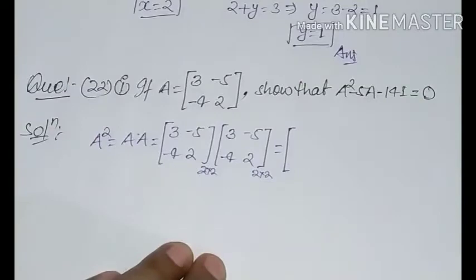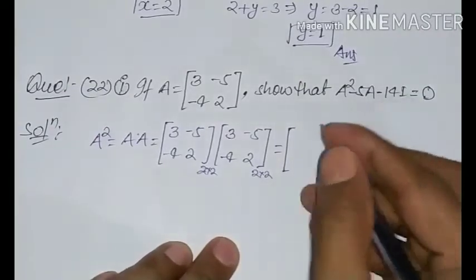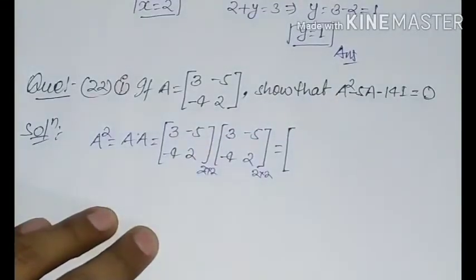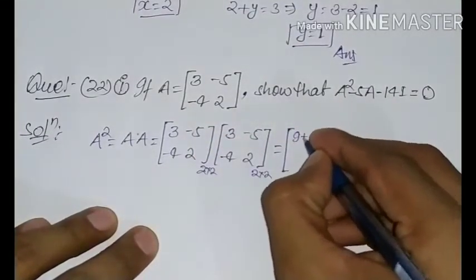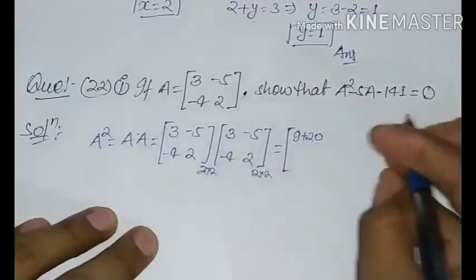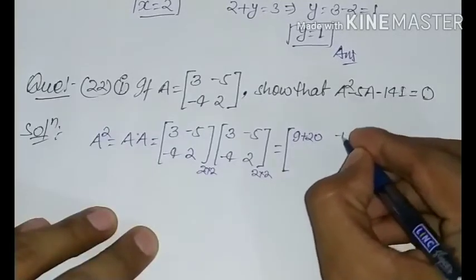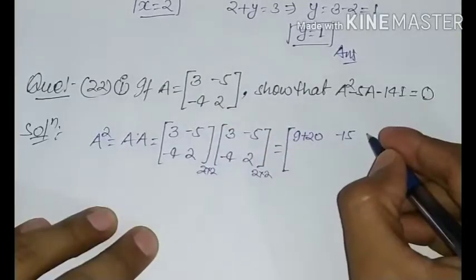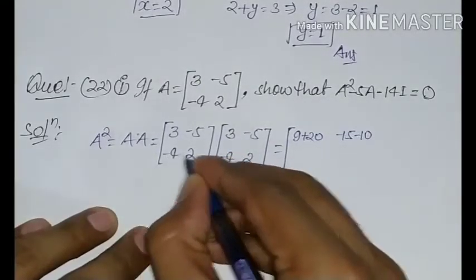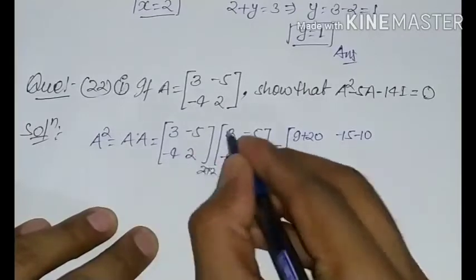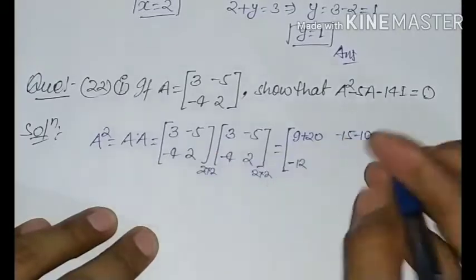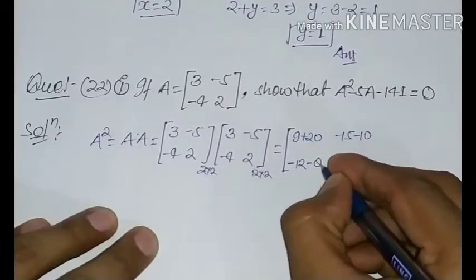Their product is possible. First row and first column: 3 times 3 is 9 and 5 times 4 is 20, 9 plus 20. First row and second column: 3 times 5 is 15, minus 15, and 5 times 2 is 10, minus 10. Second row and first column: 4 times 3 is 12, minus 12, and 2 times 4 is 8, minus 8.